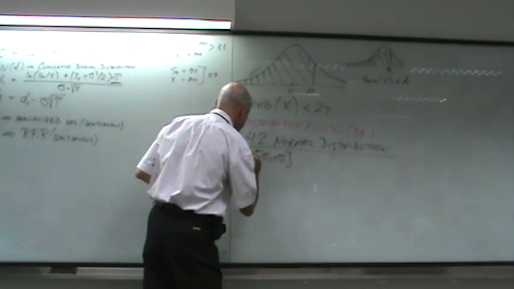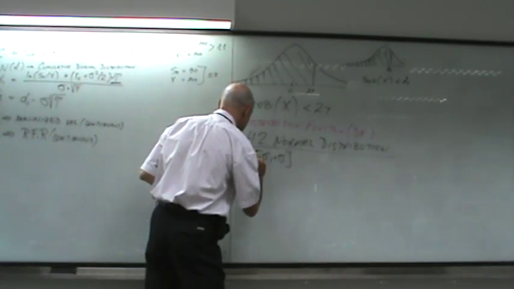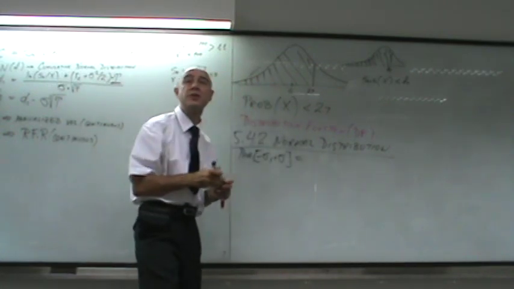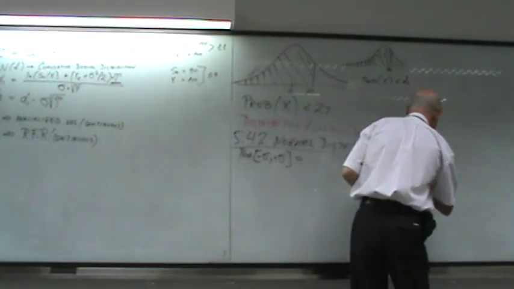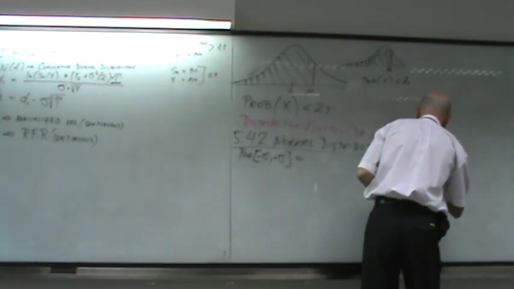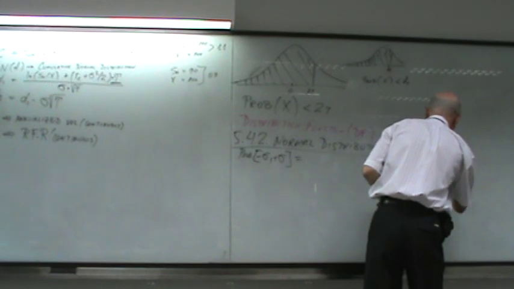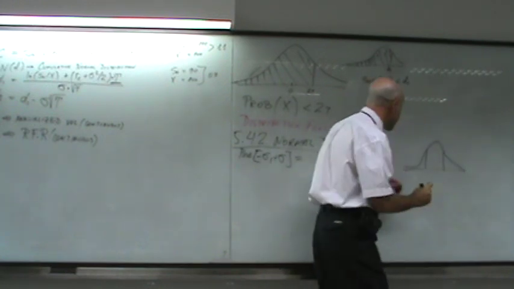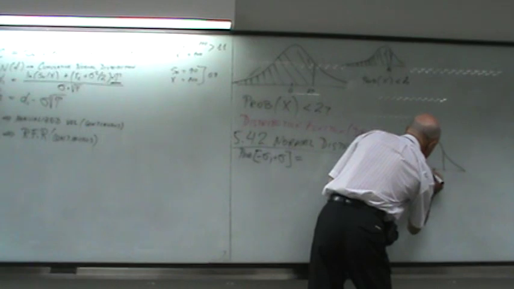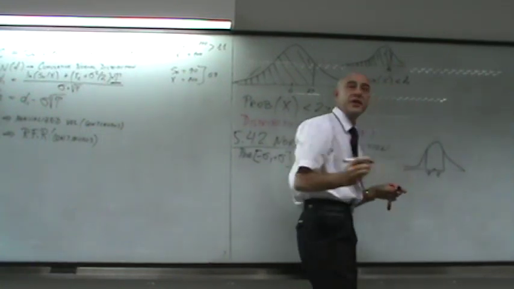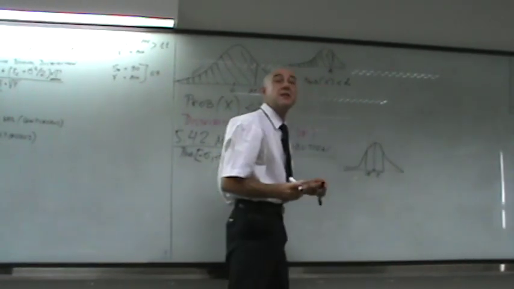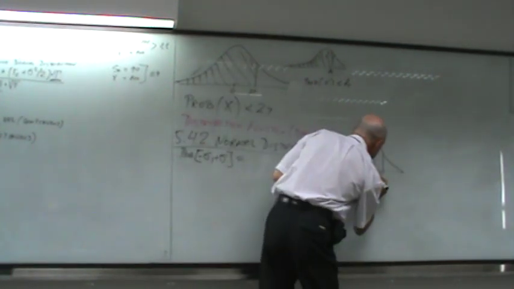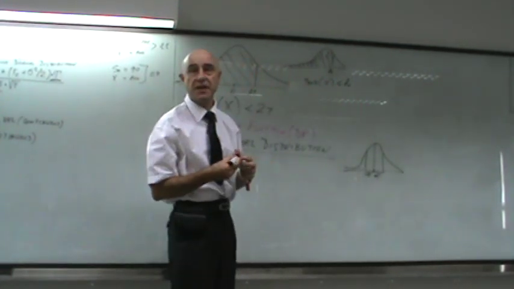I'll use this. The probability is about how much? In other words, if you take a normal distribution and this is the sigma over here, and this is the sigma over here, representing from the mean minus sigma, and this representing from the mean plus sigma.